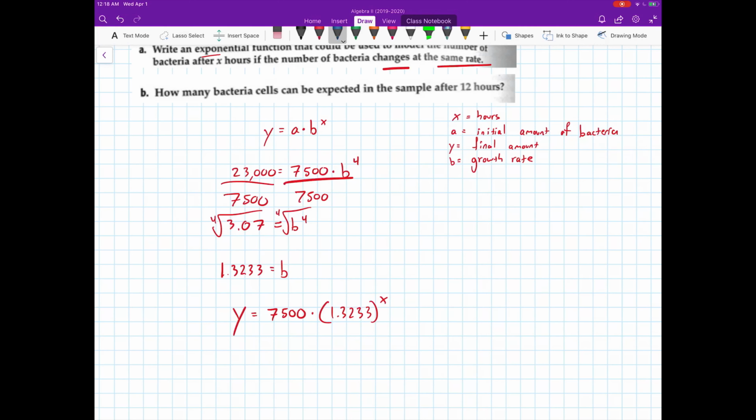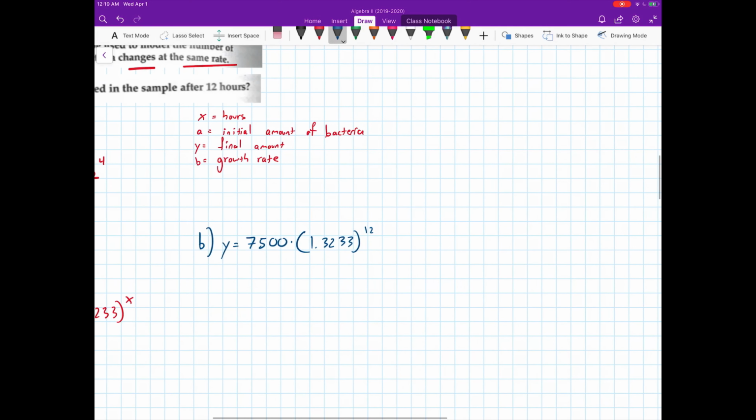But all we want to do is figure out part B, which says how many can be expected in the sample after 12 hours. So for B, we're just going to take 7,500 times 1.3233 to the 12th power, because it's been 12 hours.